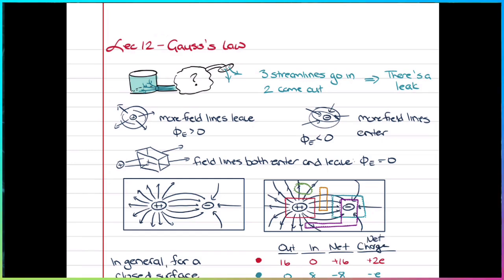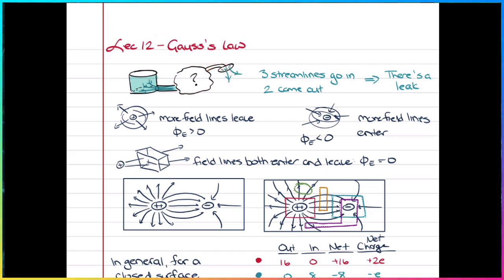We have one example of our good old streamlines with water, where I said, what would you say is the case when you have a hot water tank where you know that 3 streamlines go into the pipe, and they go throughout your house. They're supposed to go directly to your shower, but then when you turn on the shower, only 2 streamlines come out.